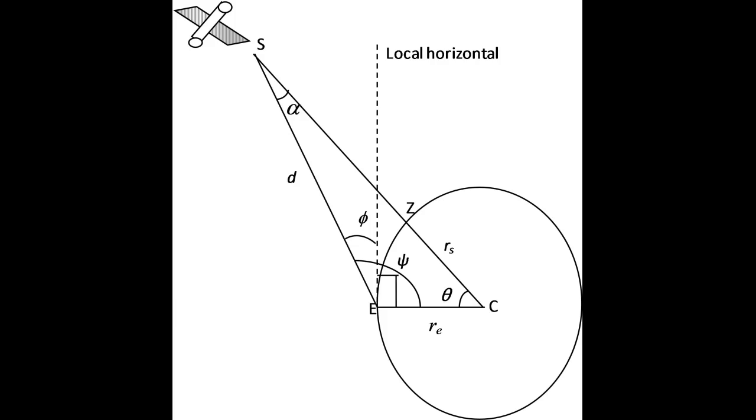We also have the length of the side RE, which is the ground station distance from the center of the Earth, 6,378 kilometers. With that ratio of the sine of E over Z and RE for the radius of Earth, we can figure out the angle S, which is the look-down angle of the satellite.